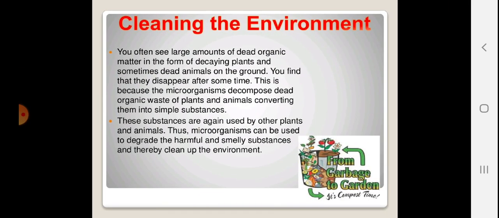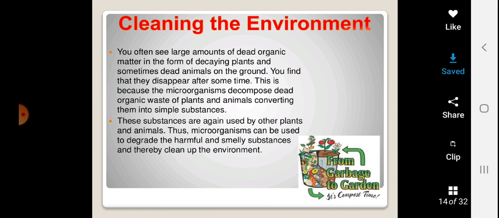They also clean the environment. Now, they are so tiny that they are not visible, we can't see them, still they are working non-stop, 24/7, for cleaning the environment. How? You often see a large amount of dead organic matter in the form of decaying plants. It means you might see some kachra or kuda, or dead plants or animals in your surroundings. After some days, you might have observed that all this kuda, kachra gets decomposed into less harmful substances.